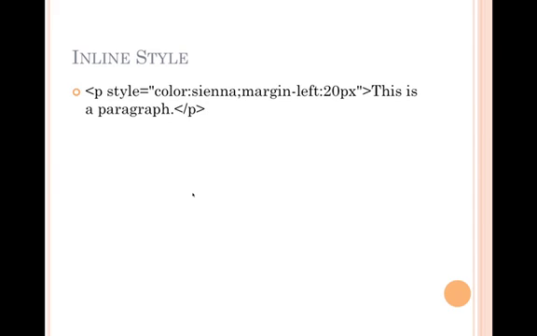There are 3 different ways to apply style sheets. The first way to apply a style sheet is what's called an inline style, where you can have the HTML tag, in this case a p tag, and then you type style, and then you put your declaration within the quotes here. In general, you never want to do this.